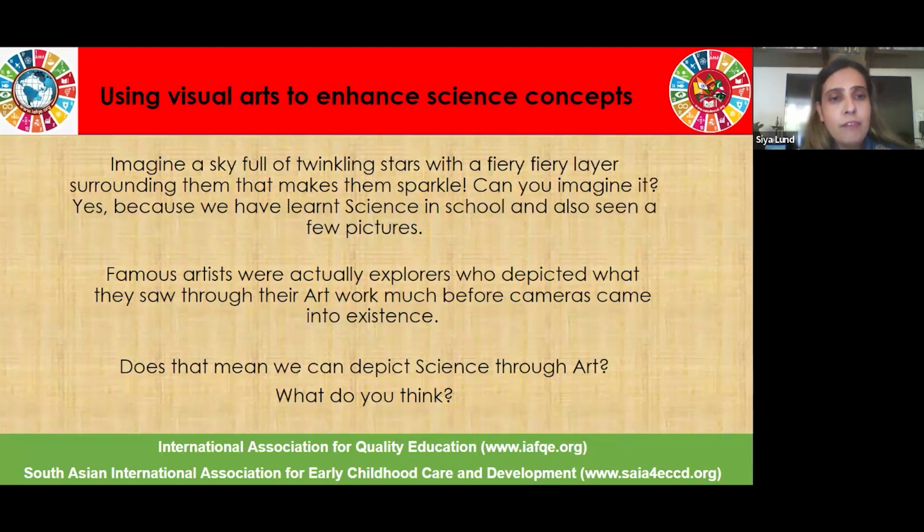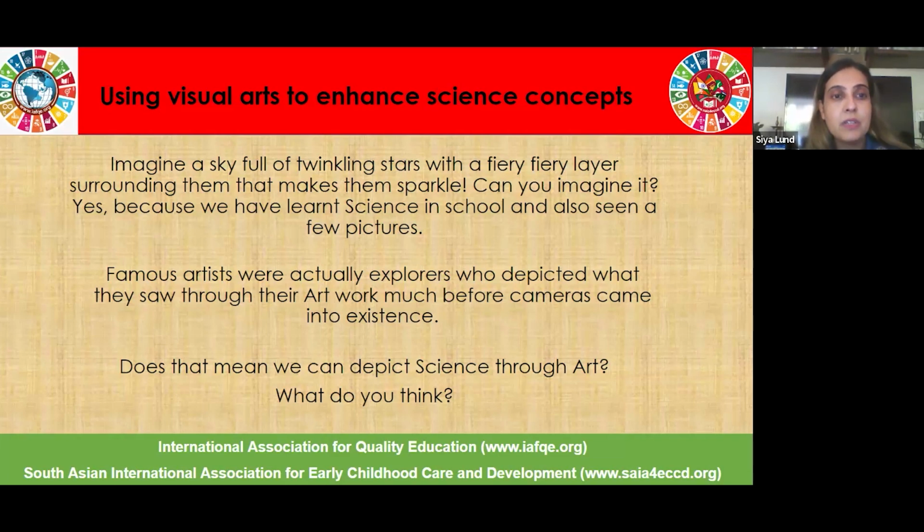Now, a lot of famous artists were actually explorers who depicted what they saw through their artwork much before cameras came into existence. So even before we had pictures, even before we had books, even before we had visual imagery of what a star, for example, looks like, the astronomers, the geologists were able to tell us that this is what it is.